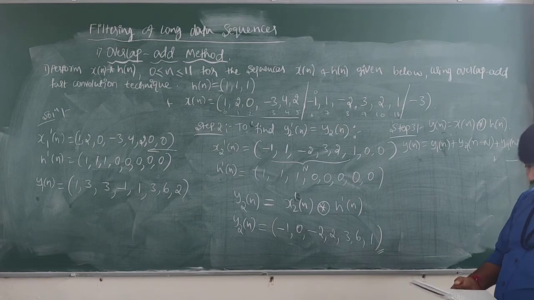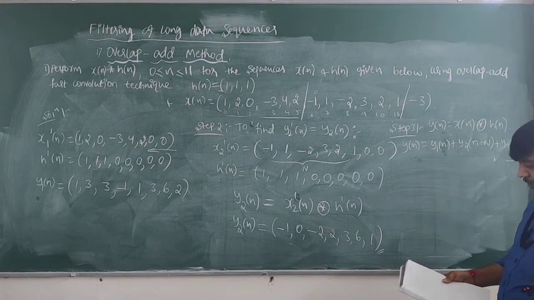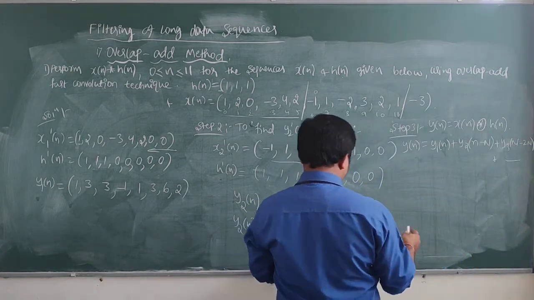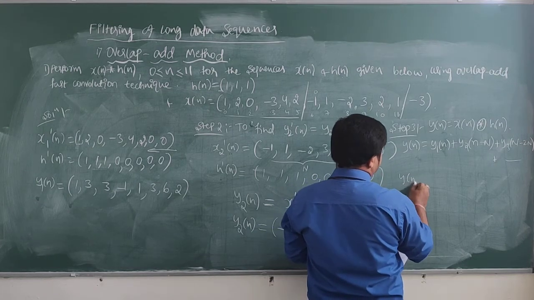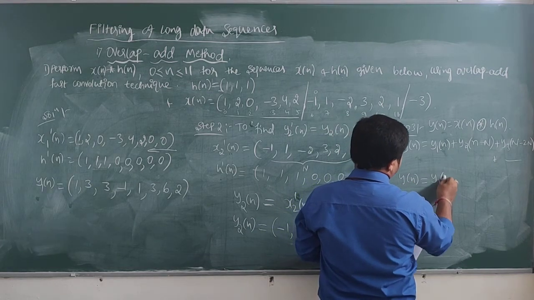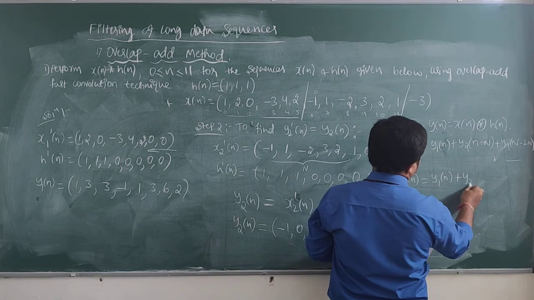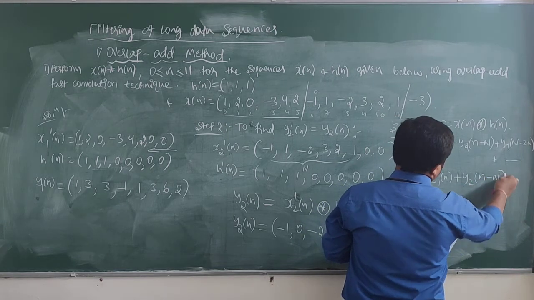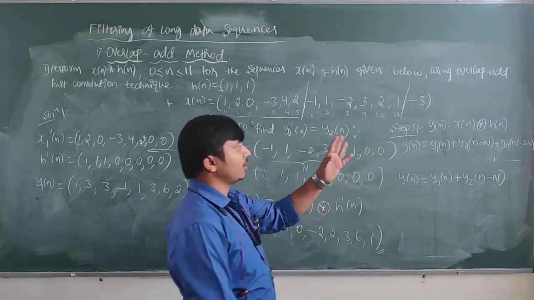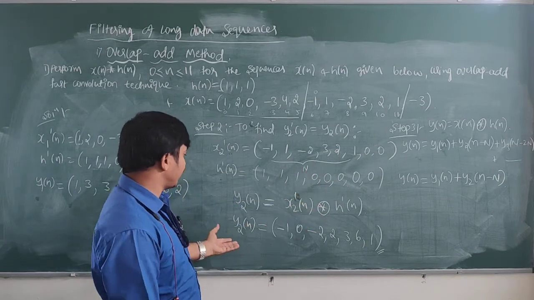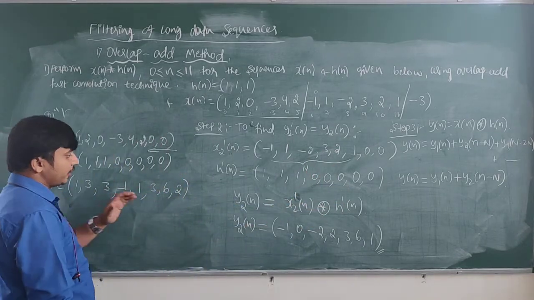So for the present context, I need to add only y1 of n plus y2 of n minus N. Further additions I can't perform because I have only two sequences, y1 of n and y2 of n.